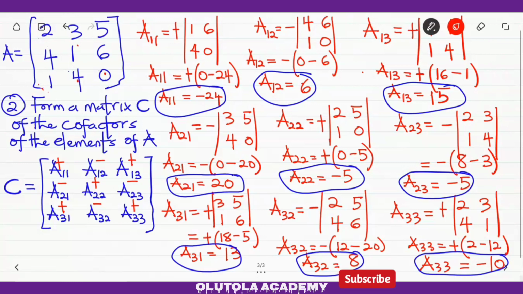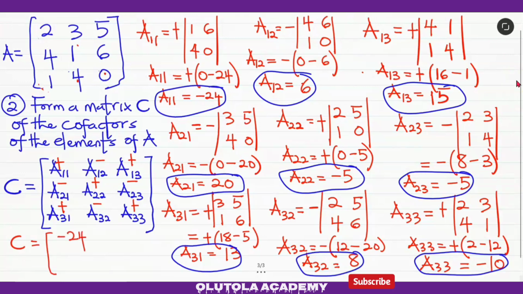So I have a matrix of cofactors: A11 is negative 24, A12 is 6, A13 is 15, A21 is 20, A22 is negative 5, A23 is negative 5 again, A31 is 13, A32 is 8, and A33 is negative 10.